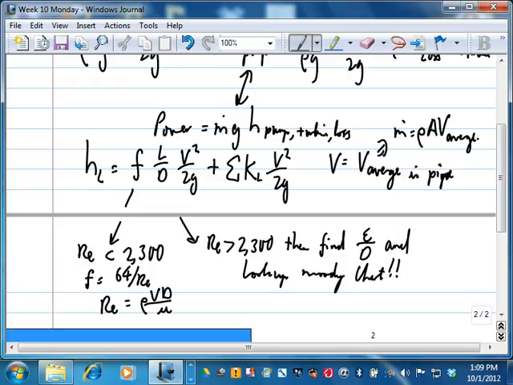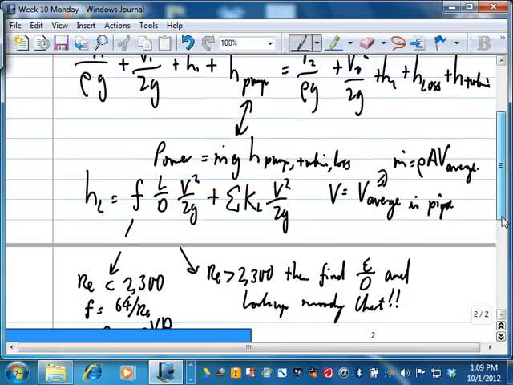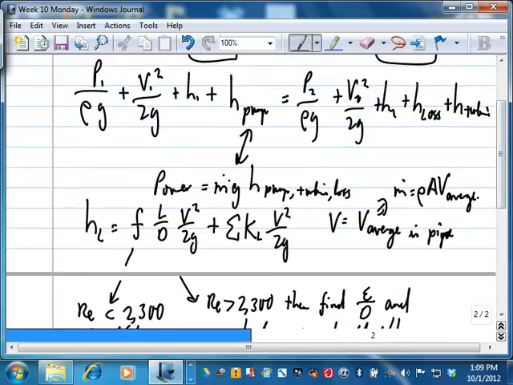After that, you can find F, which you then put in the energy equation, and then find whichever parameter is missing, maybe the pressure loss or any other parameter. Any questions?